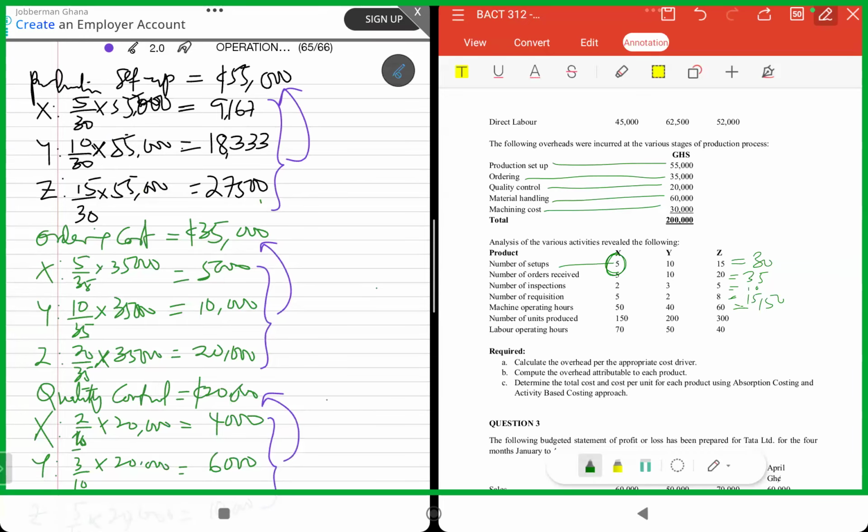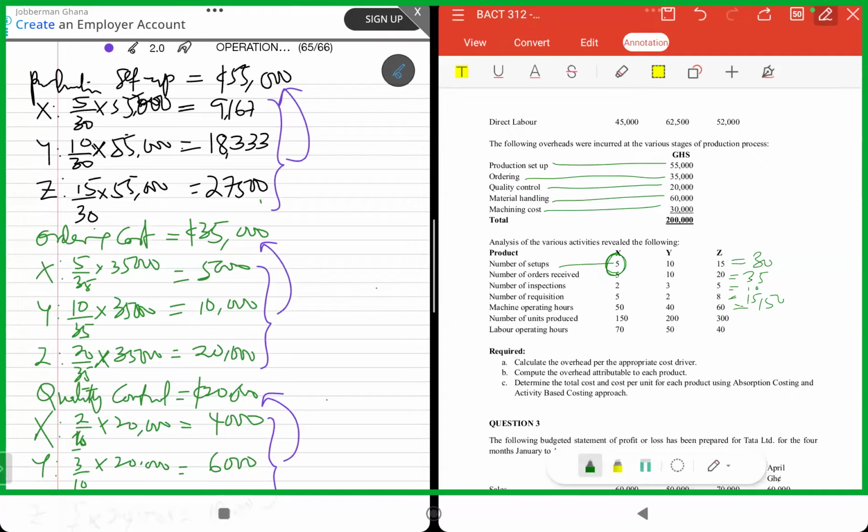Why? We are apportioning the cost to the three products. After apportioning the cost, the sum of what was apportioned to each of them shouldn't differ from the total cost. If I give 5 people 100,000 Ghana Cedis to share, each will take 20,000.